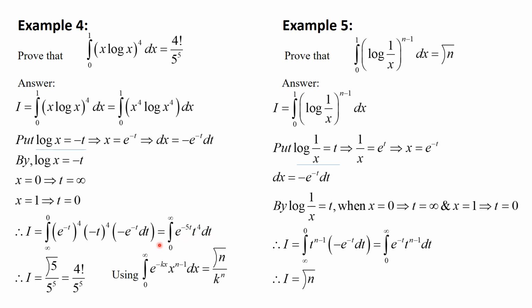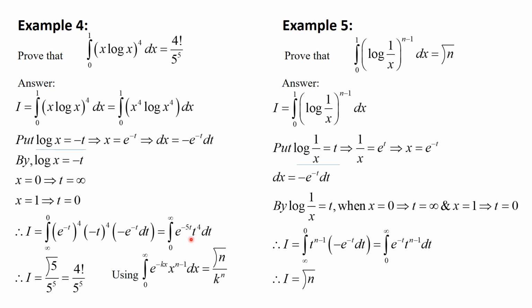which is for the gamma function with the standard limit 0 to infinity e raised to minus kx x raised to n minus 1. So this is the generalized property we are considering for gamma function instead of only x if the number is multiplying with some factor.